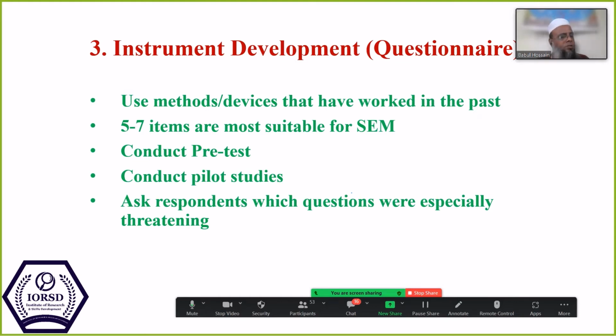Okay. I would suggest, if you are adopting and adapting your questionnaire, suppose you take some questions from one author and some questions from other author. In that case, it is recommended to do the exploratory factor analysis, EFA.